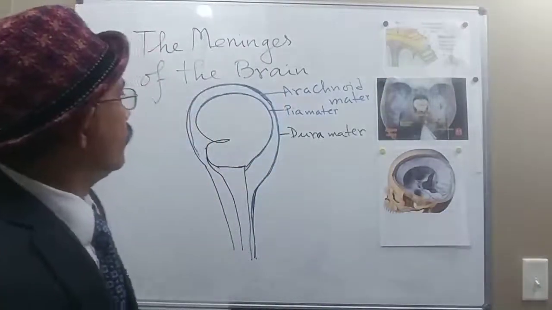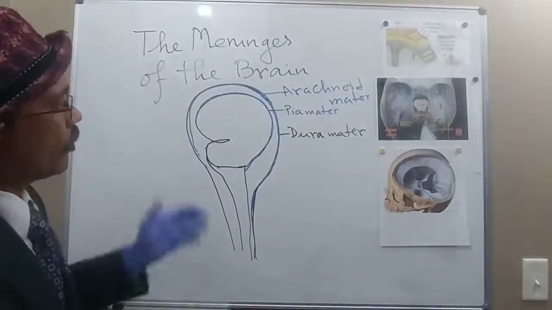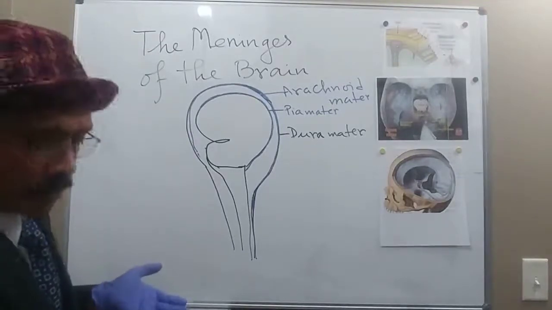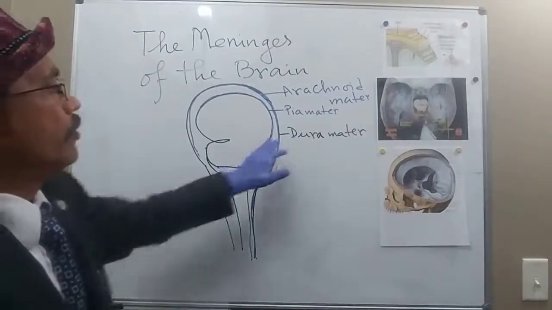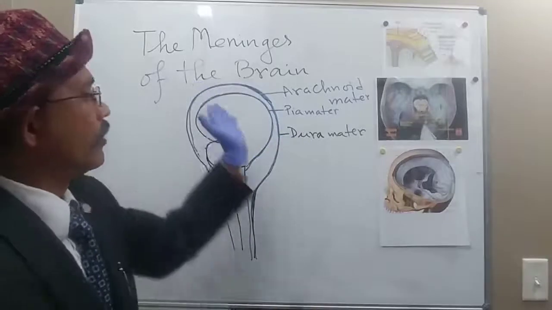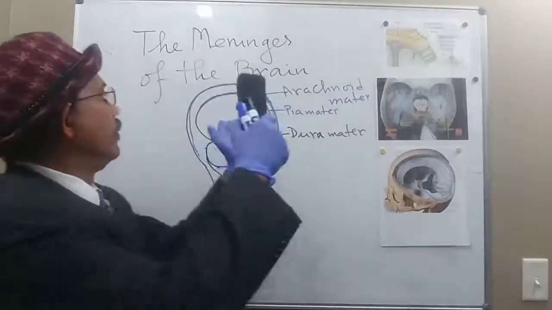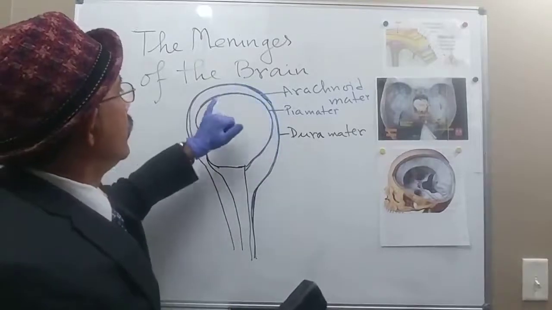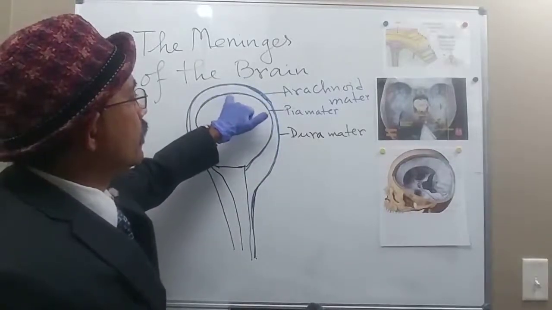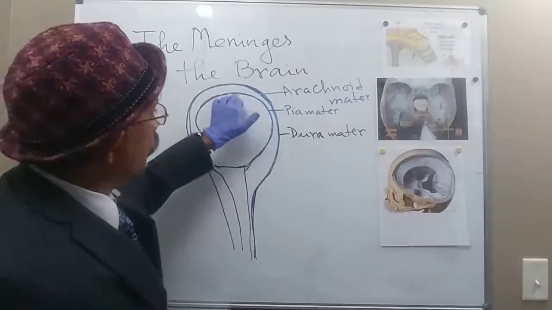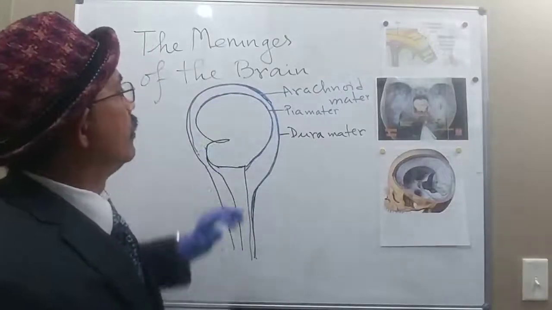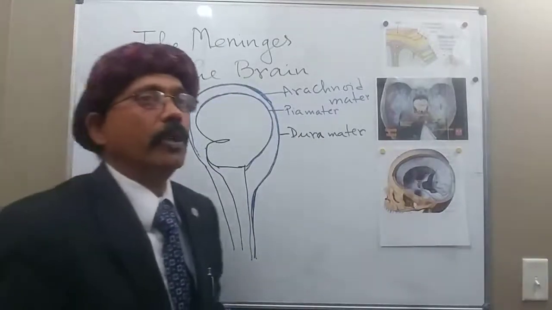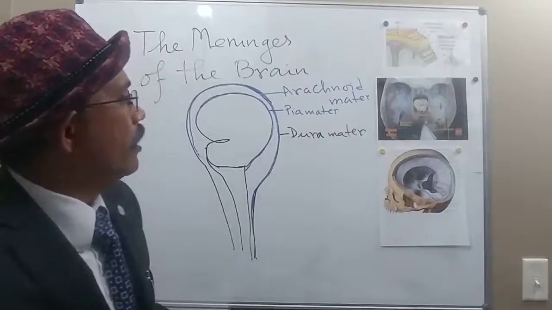So we have three coverings for the brain: the outermost dura mater, underneath it the arachnoid mater, then the pia mater on the outer wall of the brain.